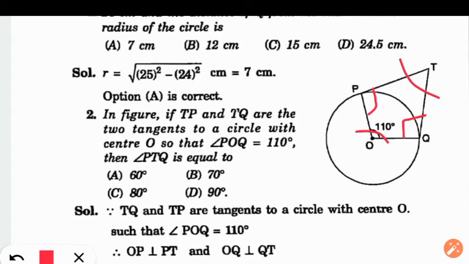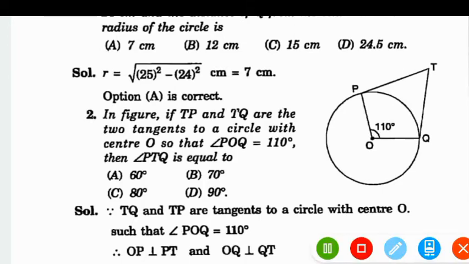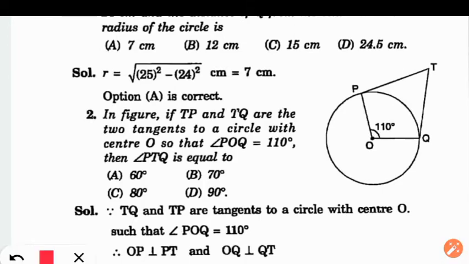In a quadrilateral, the sum of all angles is 360 degree. So this angle is 90 degree, this angle is 90 degree, and this angle by the question is 110 degree. So 90 plus 90 plus 110, how much? 180 plus 110 is 290. So 360 minus 290 is how much? I think 70 degree. So this angle is 70 degree.